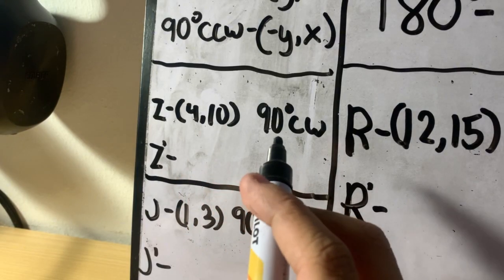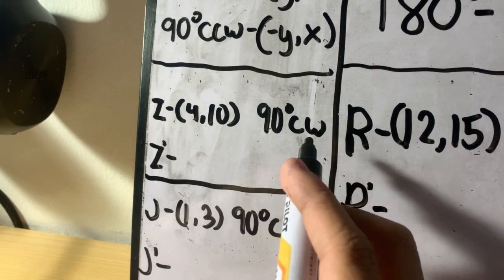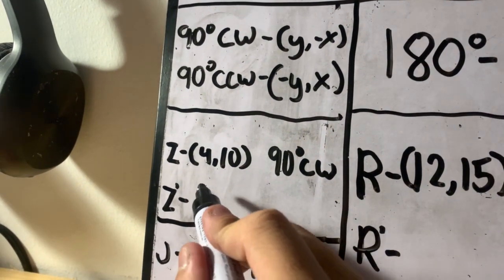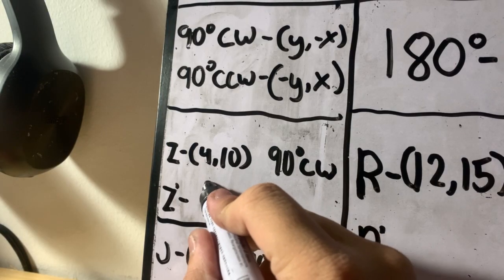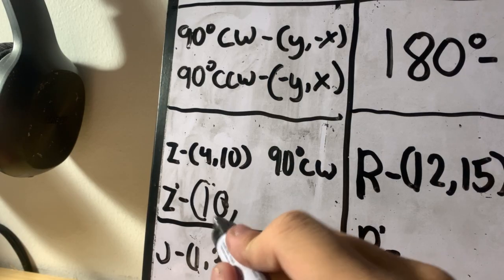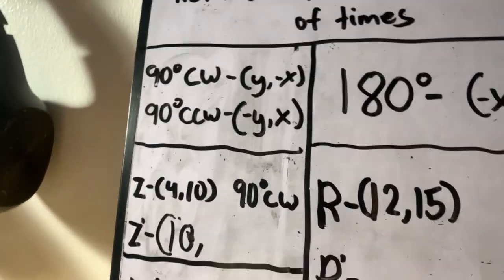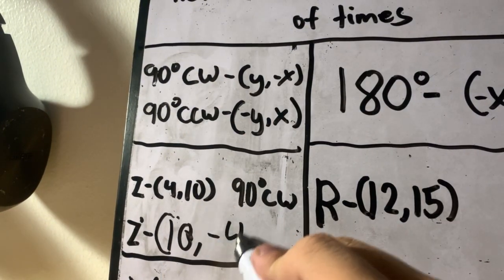So, they want us to rotate this 90 degrees clockwise or right. And ang ruling natin, y, magiging 10, kasi siya ang y natin. Ito magiging z prime 10, and si x naman from 4 magiging negative 4.